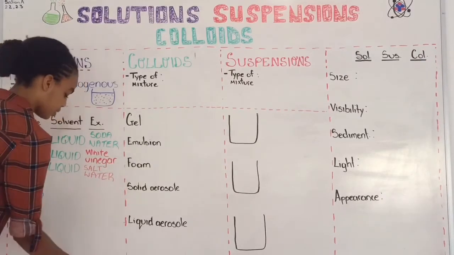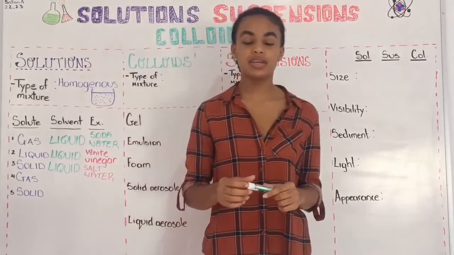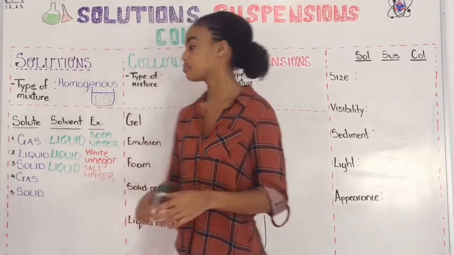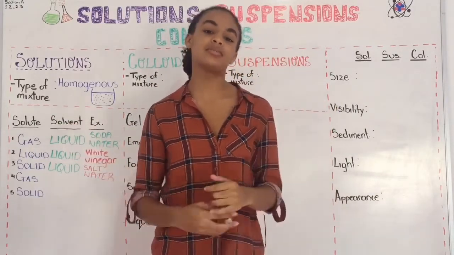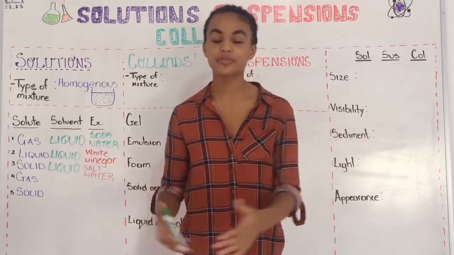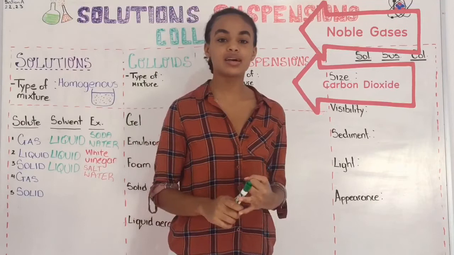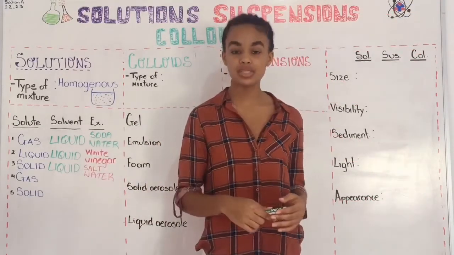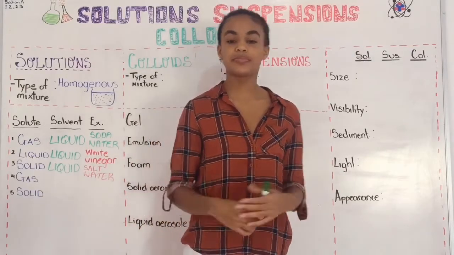The next example that we're going to look at is gas dissolving in a gas. So we have gas acting as a solute and gas acting as a solvent. A very common example of this would be air or atmosphere. So we have some noble gases, some carbon dioxide, some oxygen, some water vapor acting as a solute and dissolving in the solvent, which is nitrogen.